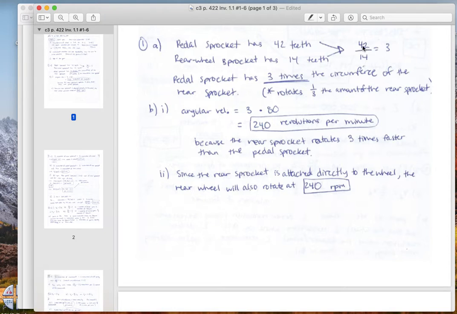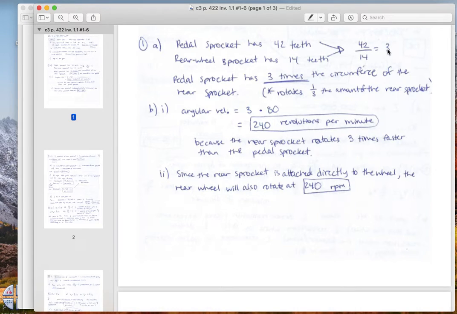In this case, it's the number of teeth. So here we said, okay, well, 1 revolution of my driver, or my pedal sprocket, is 42 teeth, and we divide that by the number of teeth we have for the rear, the follower, and we get 14.